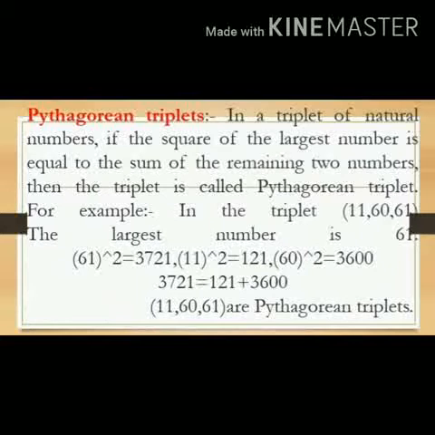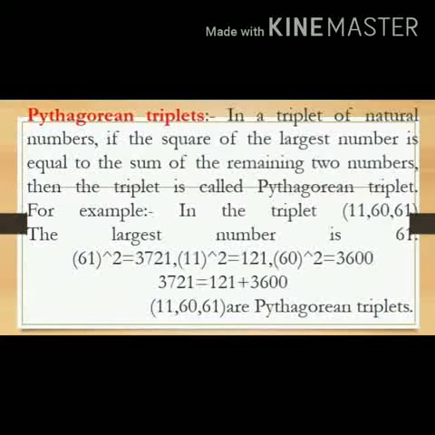In the triplet 11, 60, 61, the largest number is 61. Therefore, the square of the largest number 61 is equal to 3721. The square of 11 is 121 and the square of 60 is 3600.